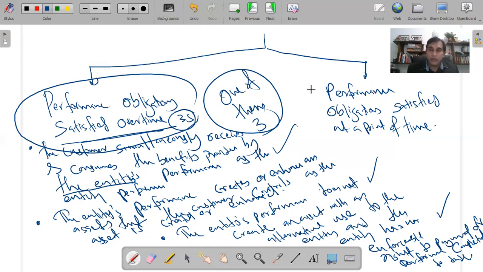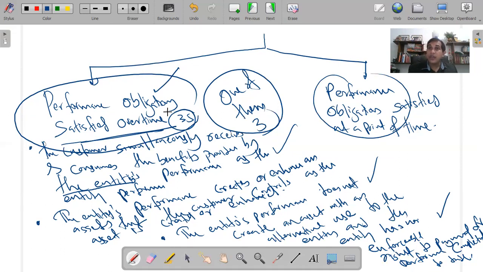Then the next one, performance obligation satisfied at a point of time. How has it been defined? If a performance obligation is not satisfied over time in accordance with section 35, the entity satisfies the performance obligation at a point of time. At a point of time, because there are 2 options, no? Either this one or this one.